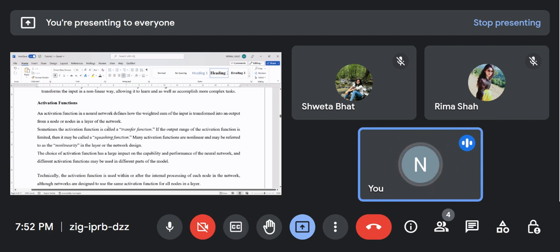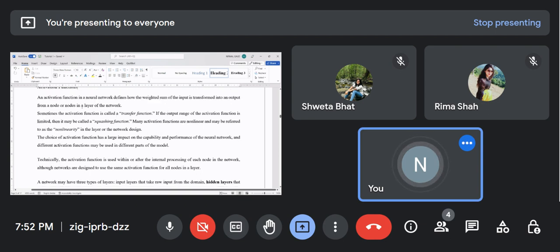Okay, let us explore some more things related to it, because we need to focus much more on activation functions, and we will explore each and every type of activation function. As I told above, the weighted sum of the input is transformed to the output.